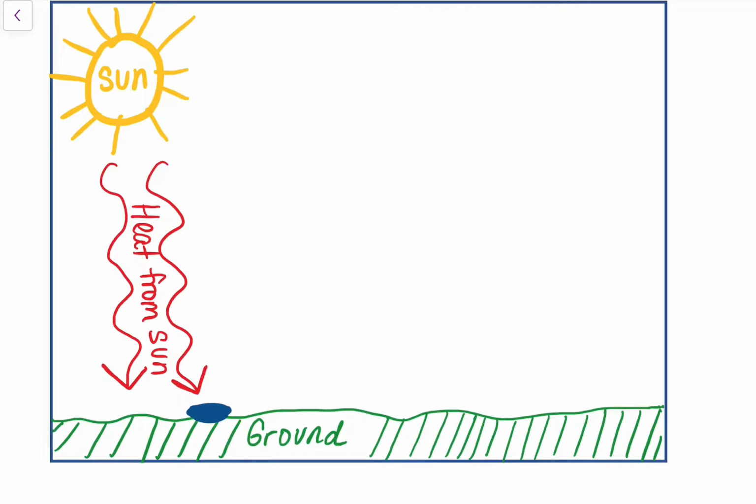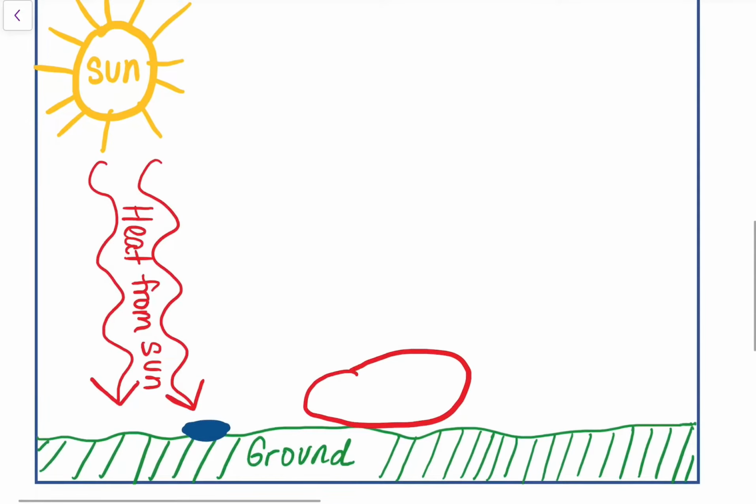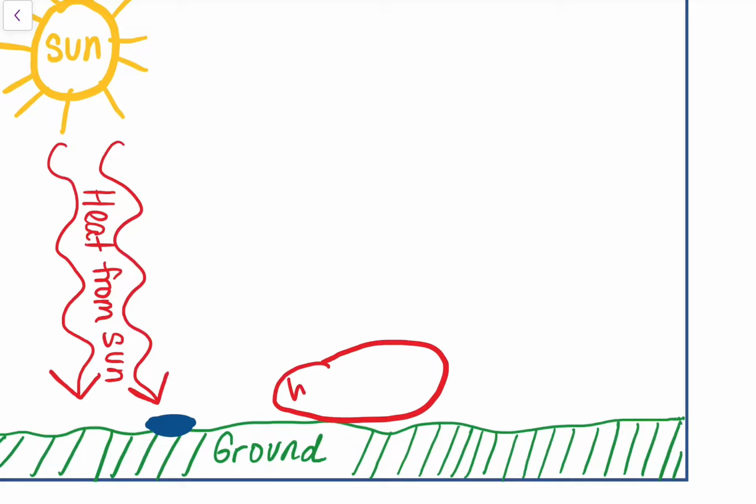So near the ground, we're going to draw a parcel of air, or just like if you can imagine a small container of air. And when that air is near the ground, we have warm, moist air.